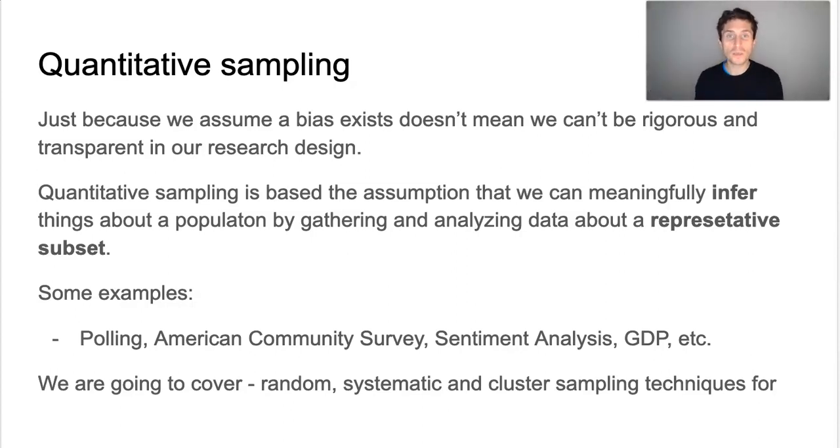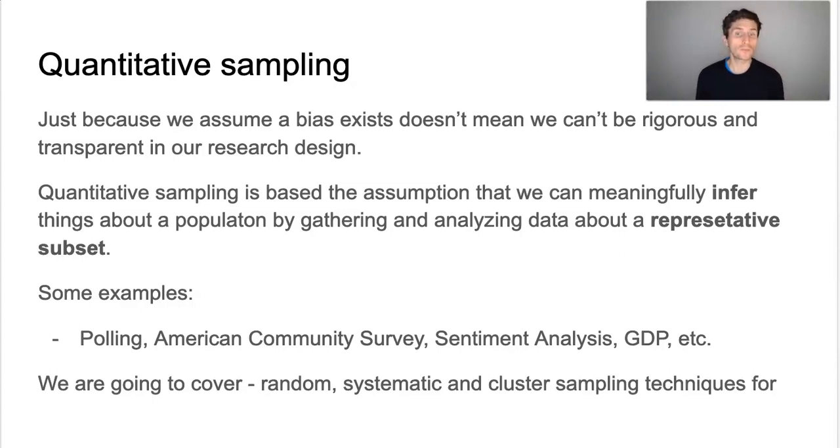So what we want to be able to do from a quantitative standpoint is have subjects that are going to allow us to meaningfully, in a way that will be justified through our statistics, talk about a general population from a subset. Now, we have examples from our everyday lives where we interact with samples from a quantitative standpoint all the time.